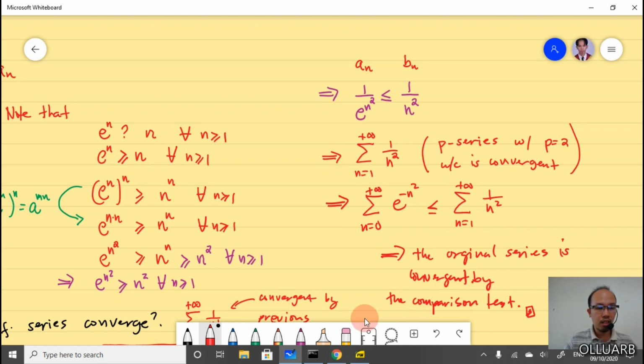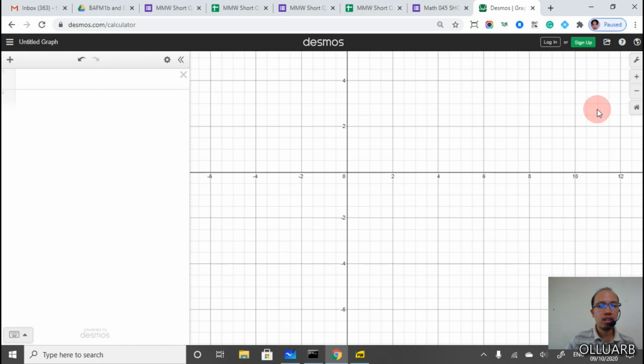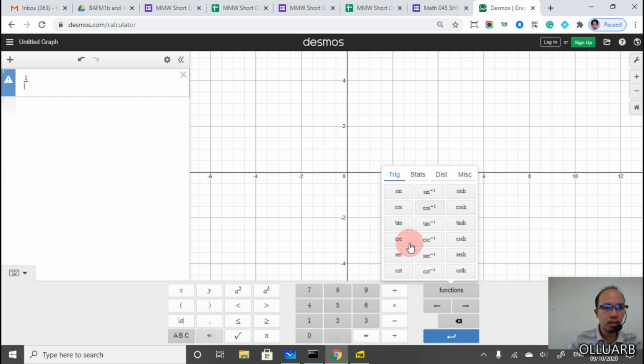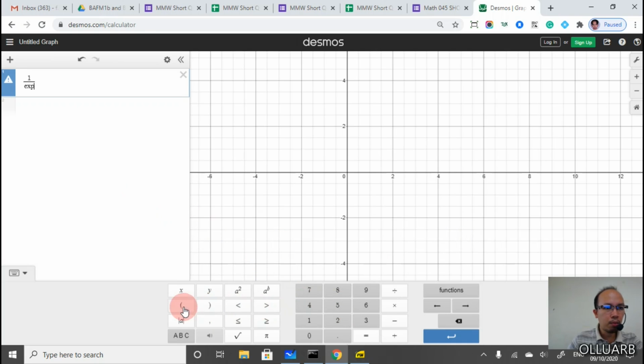Let's look at the graph and verify. Notice that our original series is 1 over e. Where is e here? Exponent, miscellaneous. We have e to the negative x squared. This is our series, 1 over e to the x squared.